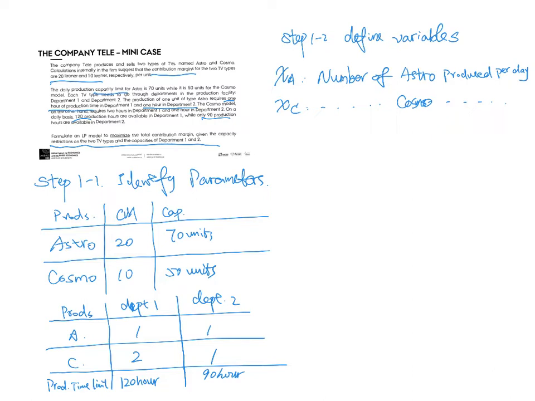So afterwards, we can actually construct the objective function. So next step, step 2, we name it construct objective function, or we just write objective function.